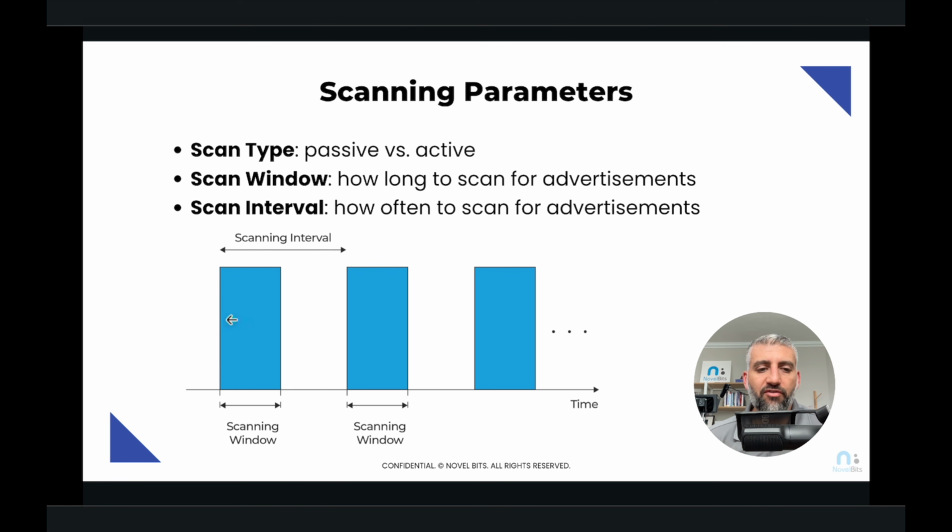That means that every 100 milliseconds it's going to wake up and do active or passive scanning for 50 milliseconds and then go back to sleep, to wake up at the next scan interval and start the scanning process again. So if we say 50 out of 100, it's a 50% duty cycle. This will allow the device to do other things in the middle, so for example, it can be scanning but also advertising at the same time.